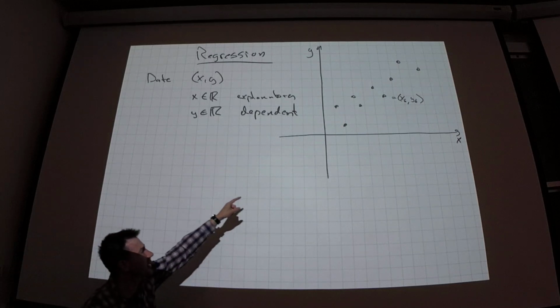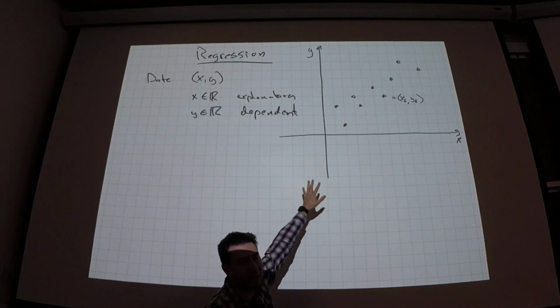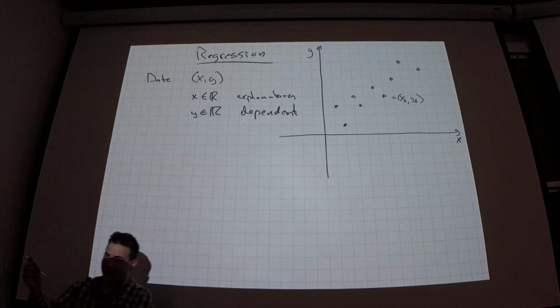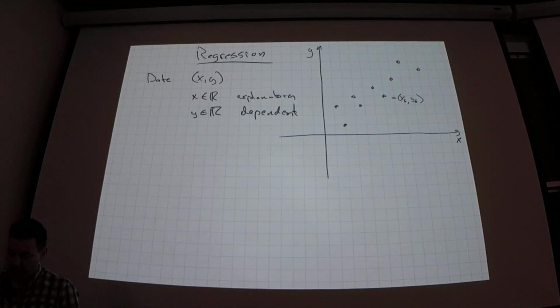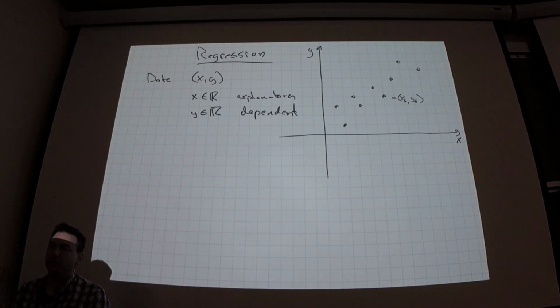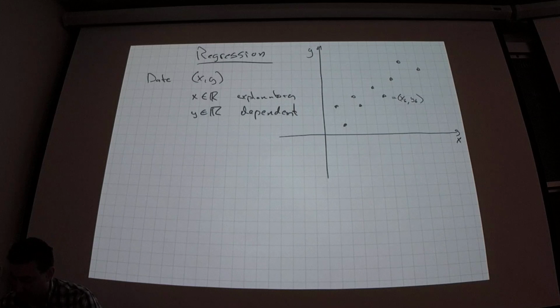But what you get is that I can plot x and y here on this axis, and so the goal of regression in this case is to fit this data with a line.